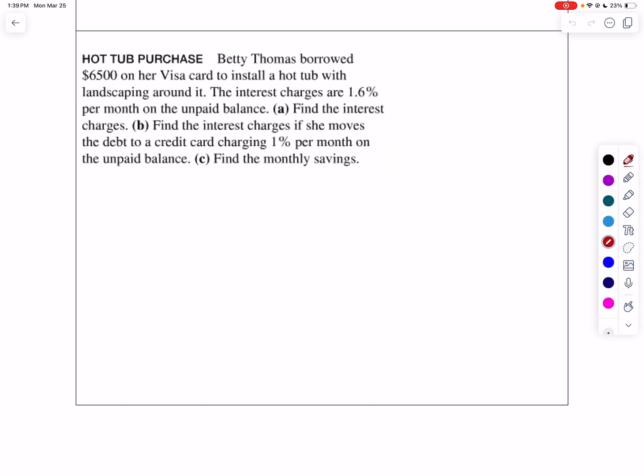So for part A, we have the 6,500 times the 0.016, or the 1.6%. And that comes out to be $104.